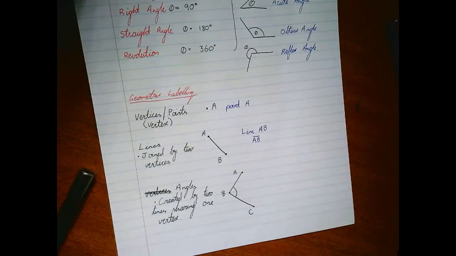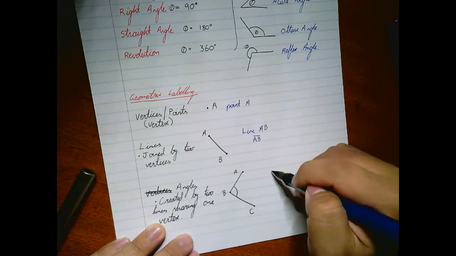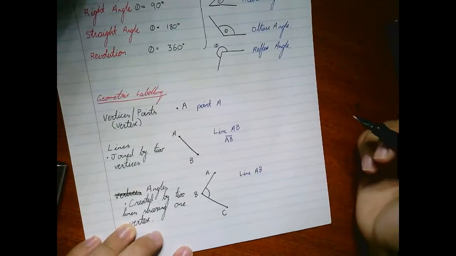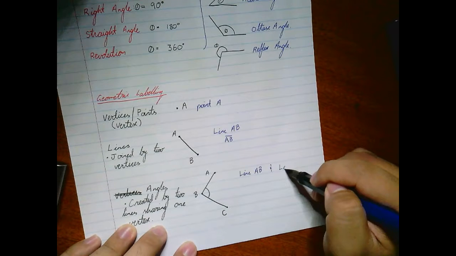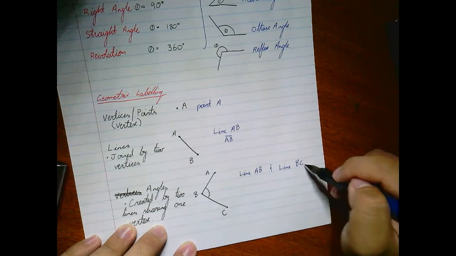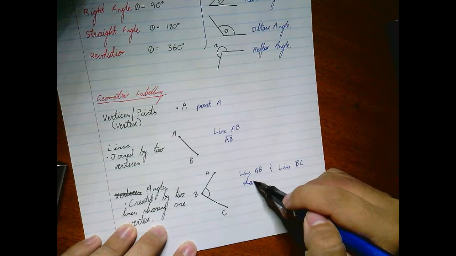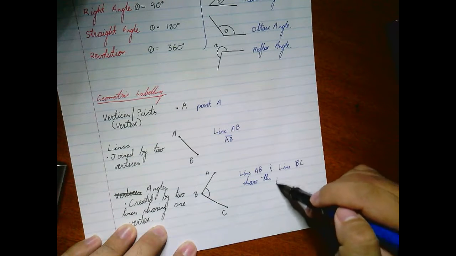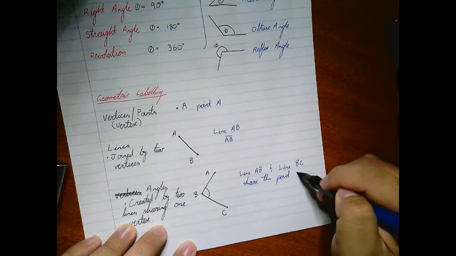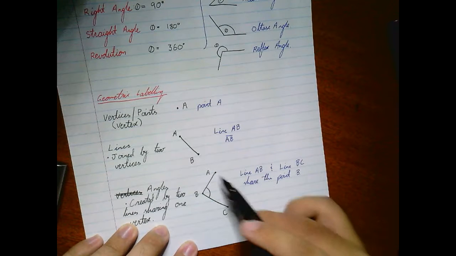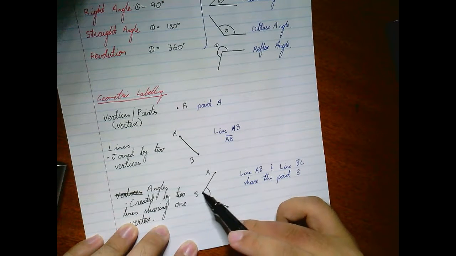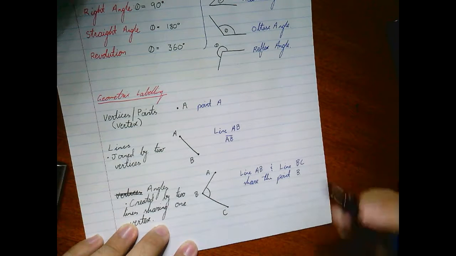So take a look. Line AB and line BC share the point B. So B is shared by AB, because that line is sharing that point, and line BC is also sharing that point.